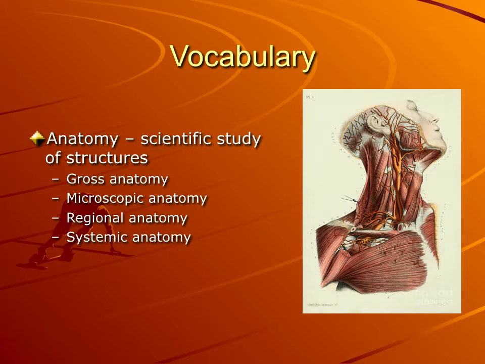In some cases, there'll be approaches like regional anatomy, where it's like the anatomy of the head. That would be something like you would have from a dentist. But systemic anatomy is to go through the whole body, one organ system at a time, a group of closely related organs, their tissues, and their cells.